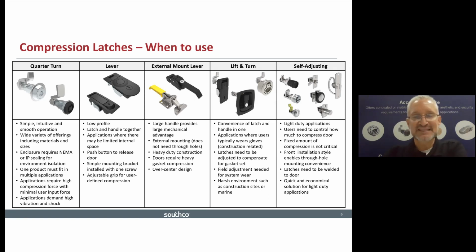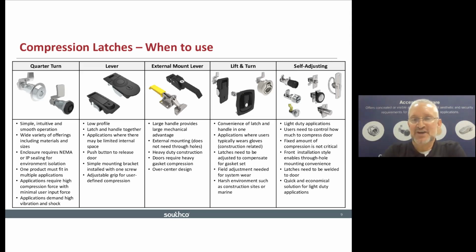Since these are completely mounted on the exterior of your door and fixed panel, there are no through holes to allow either thermal leakage or anything on the inside to come to the outside. And because they're an over-center design, once the latch is closed and the lever handle is put fully down, it resists coming open through a vibration.